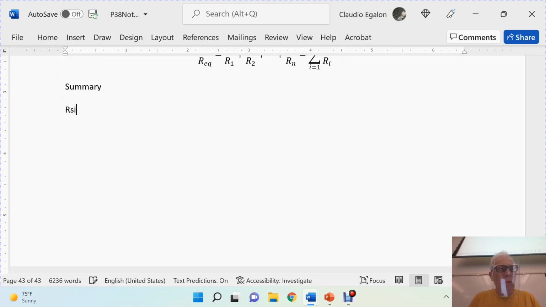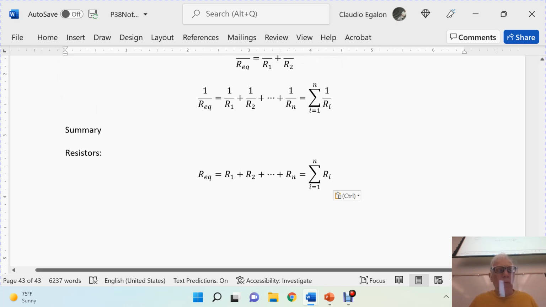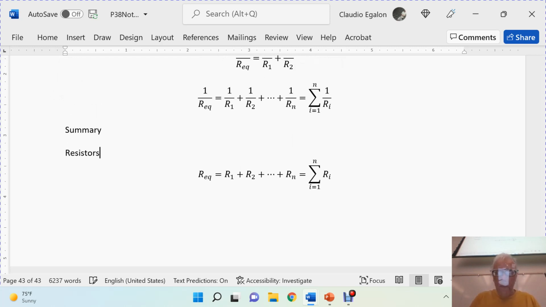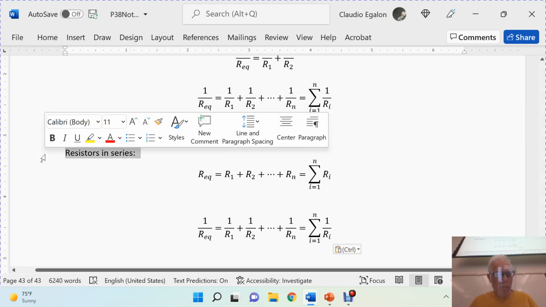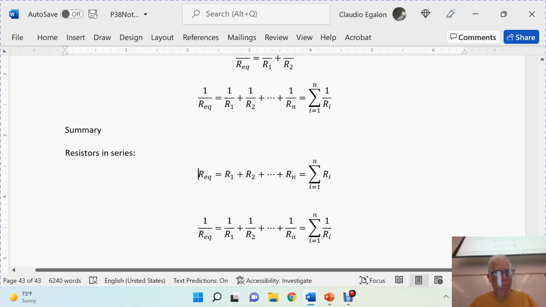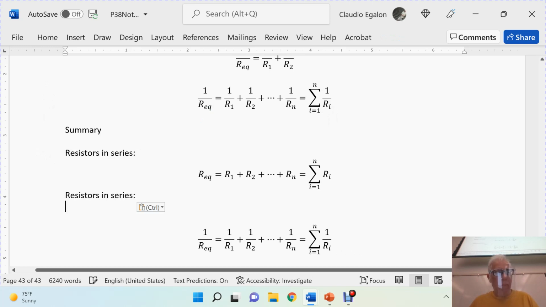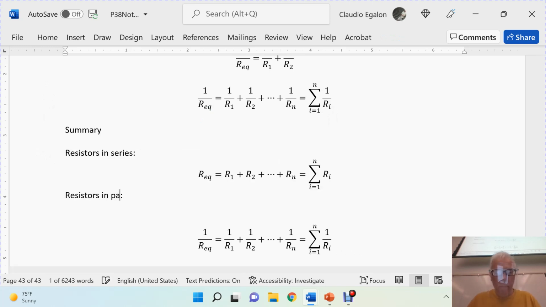Start with the resistors, and then we put that: resistors in series, resistors in parallel.